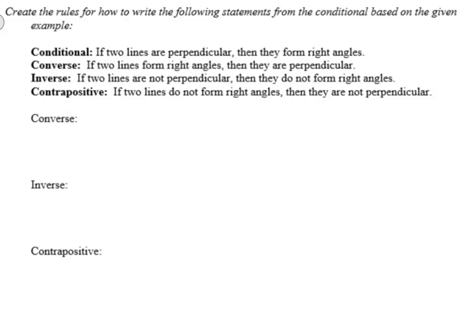So what they're asking us is what changed from the conditional to the converse. Notice here it was the lines are perpendicular, and then it was they form right angles. In the converse, my form right angles is in the front, and my perpendicular is in the back.